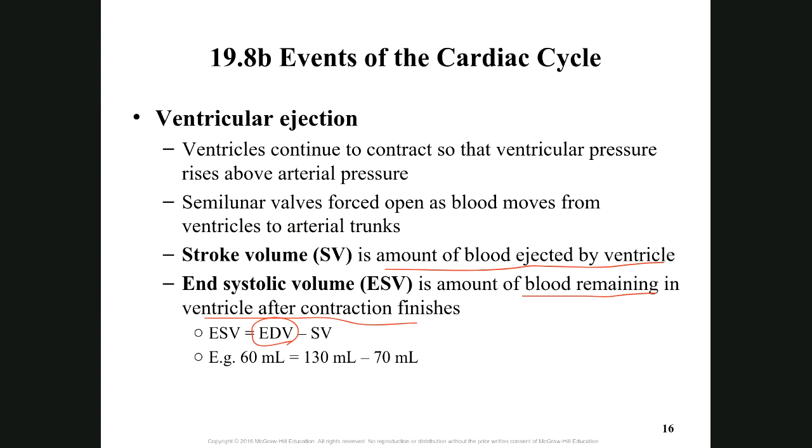And you see that the ESV, or end systolic volume, is equal to EDV minus stroke volume. And I told you that the EDV is 130. The stroke volume, the amount of blood ejected by the ventricle to each arterial trunk, is 70. So when you subtract these two numbers, you have ESV, or 60 milliliters of blood which remain in your ventricle.